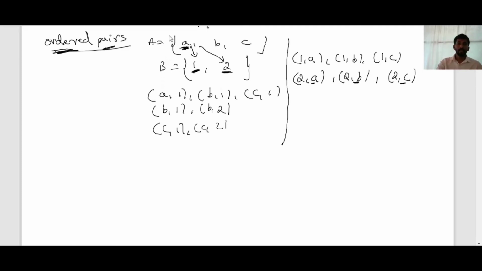Here you are taking elements of A to elements of B, right? The first element belongs to A in each pair. Here you are taking B to A, right? The first element belongs to B. Here also the first element belongs to B. Here 2 belongs to set B, here 2 belongs to set B, and here 2 belongs to set B.